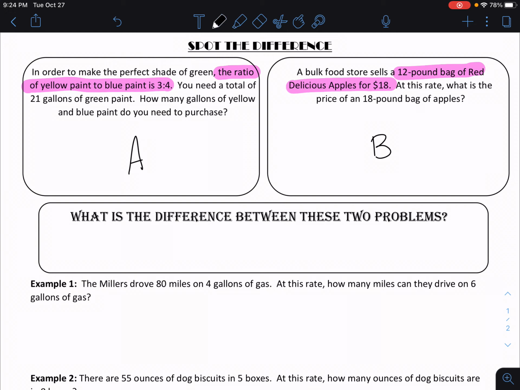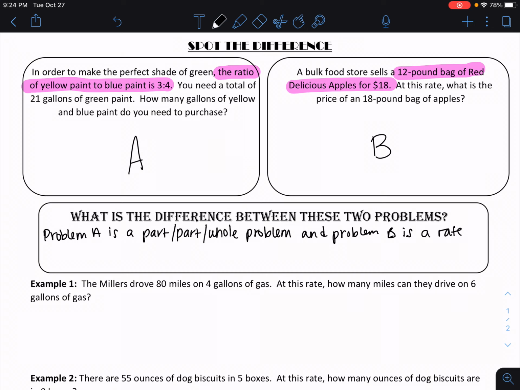So here our biggest difference is that problem A is a part-whole problem. And problem B is a rate problem. That would be the biggest differences between those two.